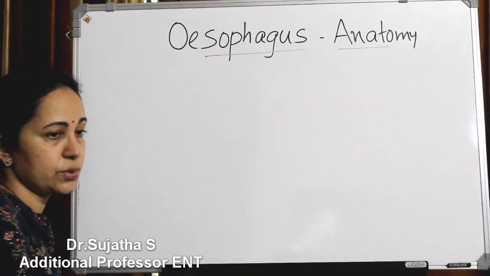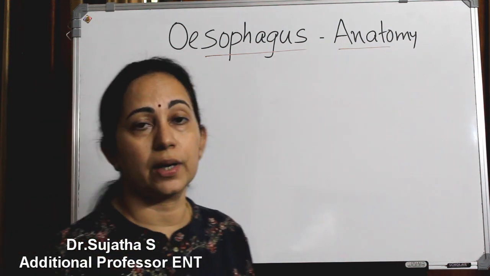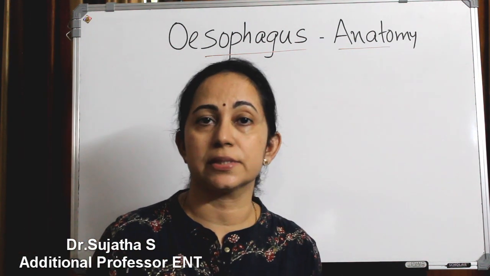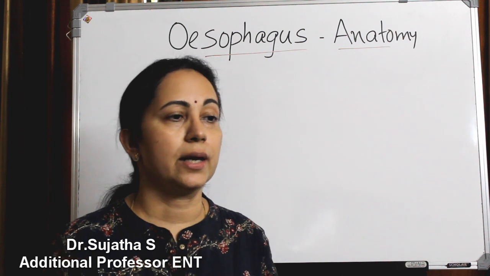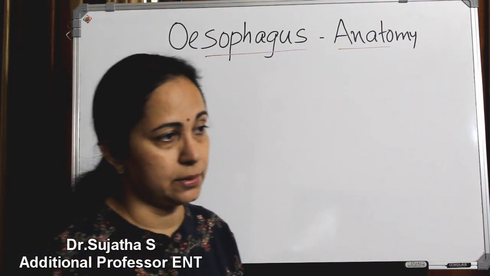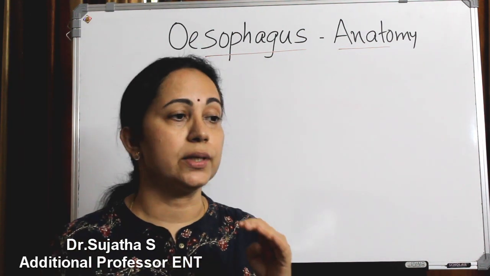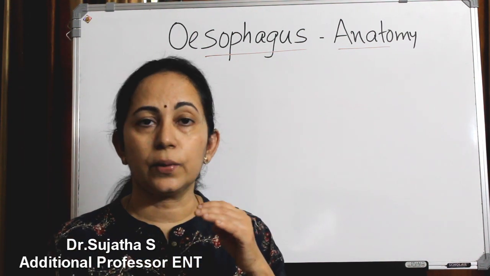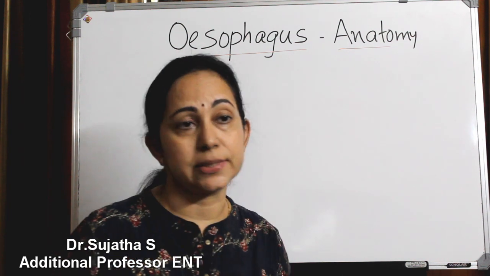So you know that the esophagus is a muscular tube of around 25 to 28 centimeters in length and around 2 to 3 centimeters in diameter. For all practical purposes, and also while doing esophagoscopy, we calculate the distance from the upper incisors.